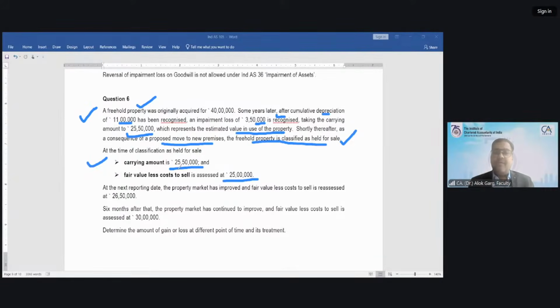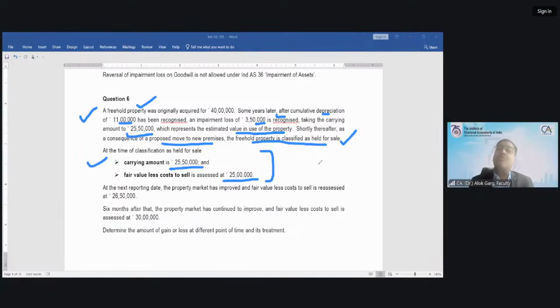So, what is my carrying amount? 2550. What is my fair value less cost to sell? 25 lakh. So on the date of classification as held for sale, at what value will this NCA HFS be recognized? Whichever is lower, 25 lakh. And where will this 50,000 go? Impairment loss.